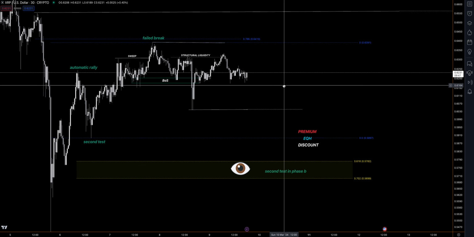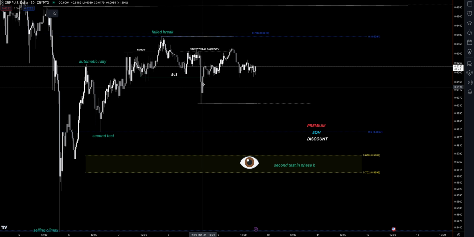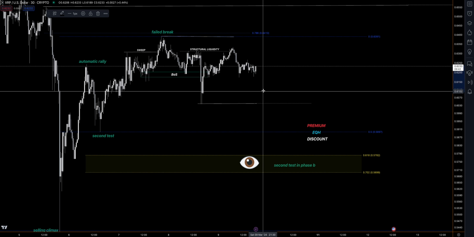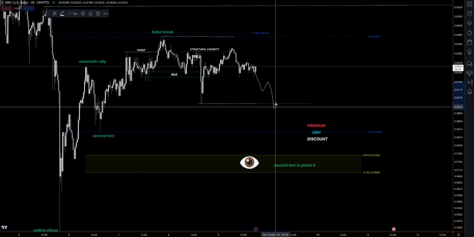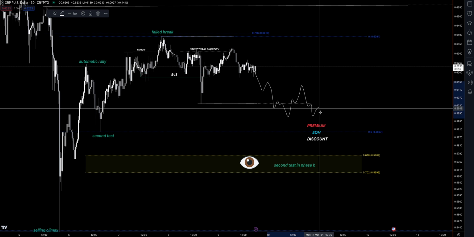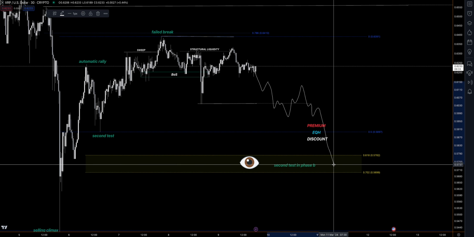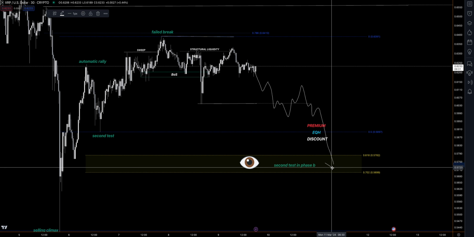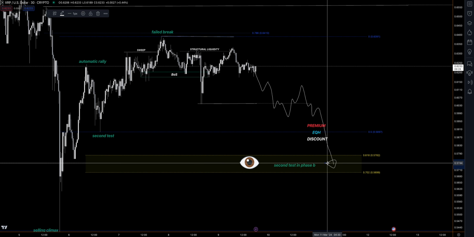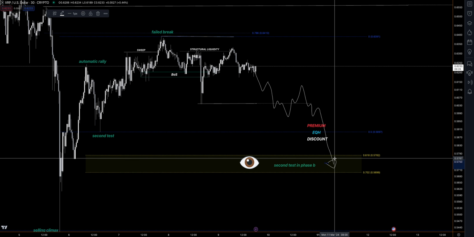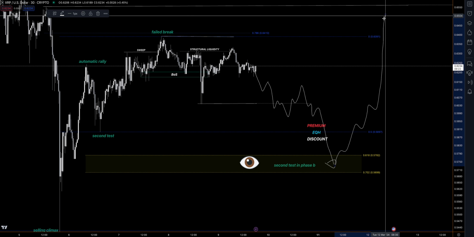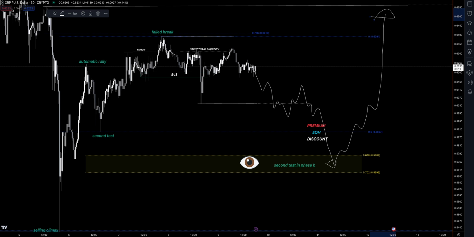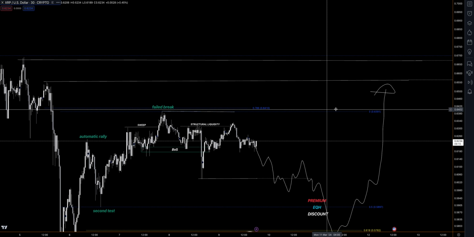Okay, so I think that going into next week, there is a possibility that XRP comes down here, right, into discount territory, takes out your 702.618 on the linear scale, and then the composite operator drives the price back up again to take out this high.